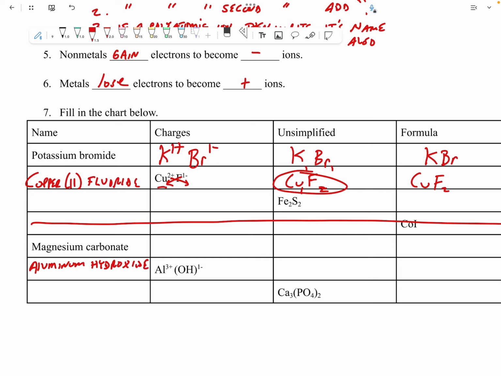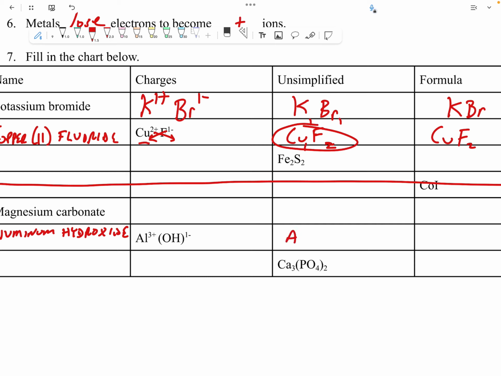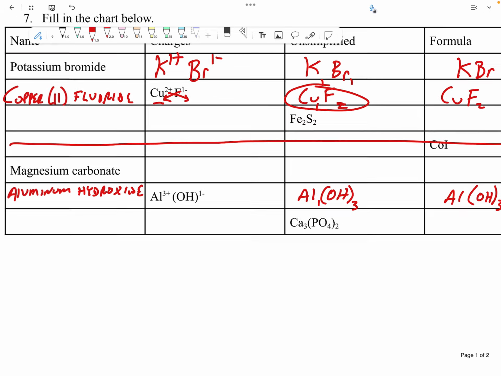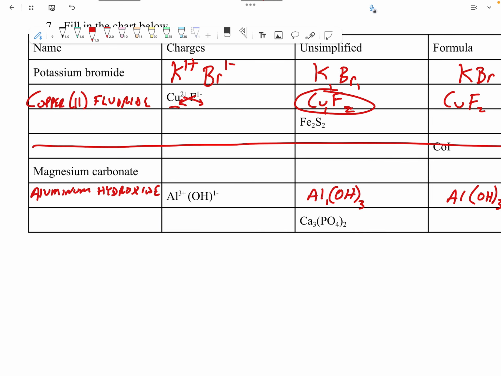We have aluminum as a 3+ and hydroxide with a 1-. So we're going to switch those numbers, and we're going to have Al1OH, and they have a 3 there, so we'll put that in parentheses. Simplify it: Al(OH)3.